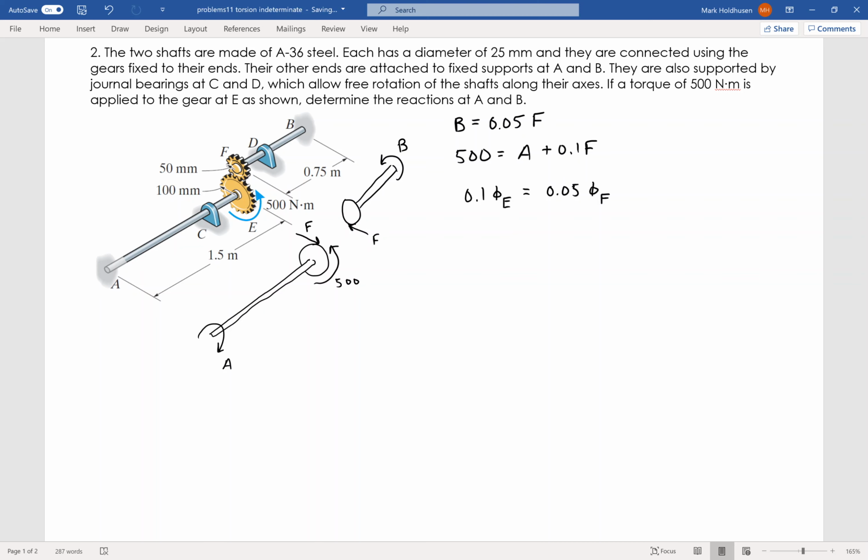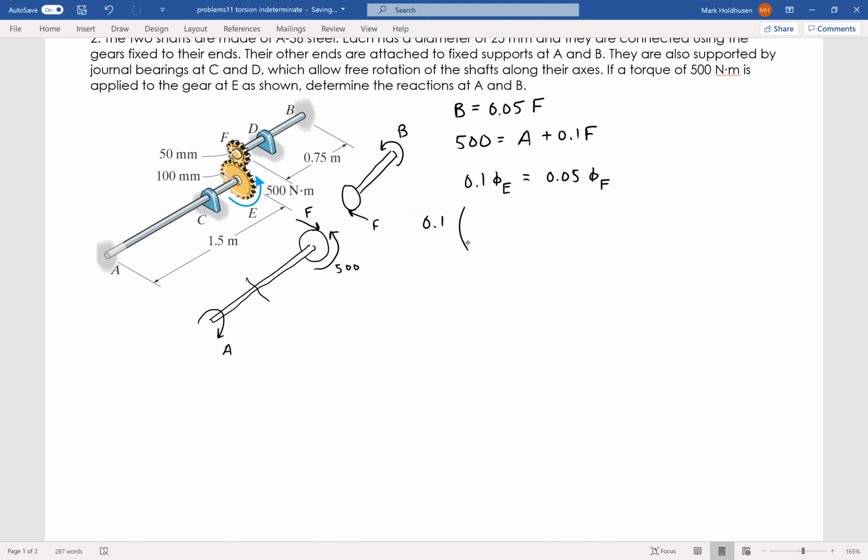Now, knowing what I know about the angle of twist, I'm going to put those in for each one. So again, it's going to be 0.1 times the angle of twist of E. If I think about the torque going through that, if I cut it right there, the torque is going to be just A on this shaft. So I'm going to say A times the length, which is 1.5, and at this point I'm just going to call it JG because it's going to be the same.